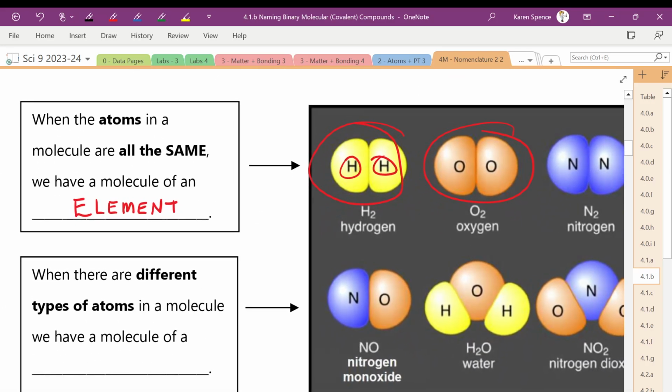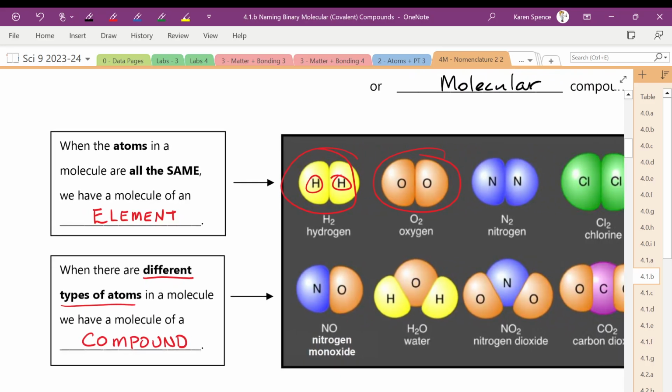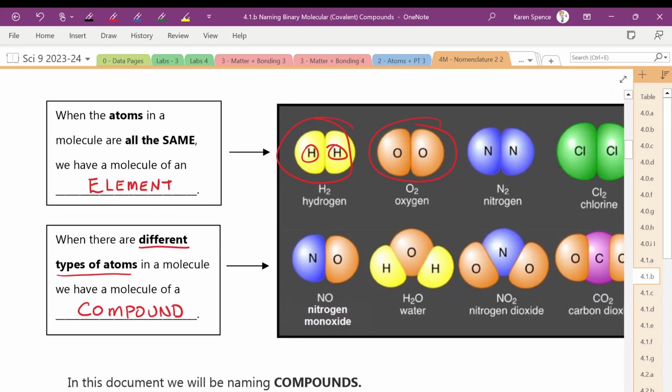What do we call it when we have different types of atoms in a molecule? That is a compound. And in Unit 4, we're really interested in naming compounds because the elements are just their element name.